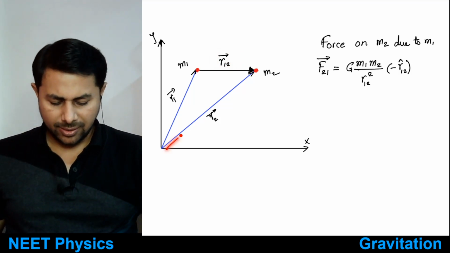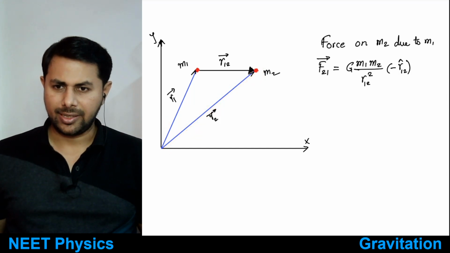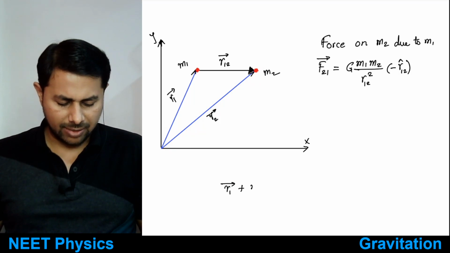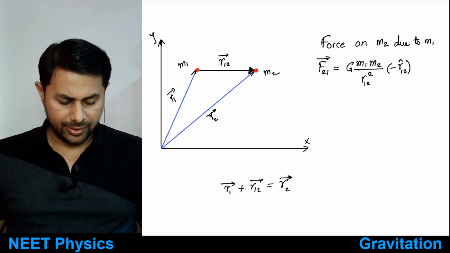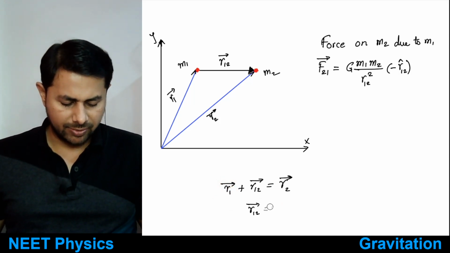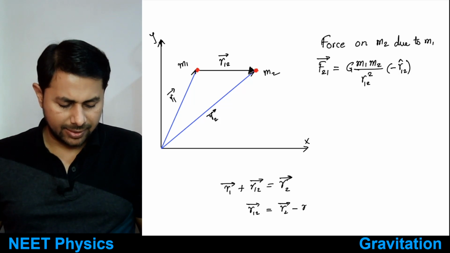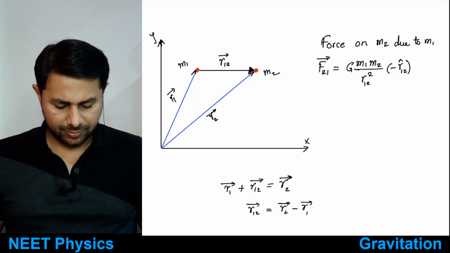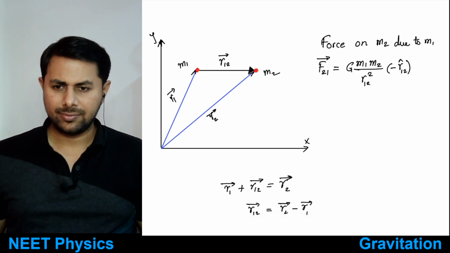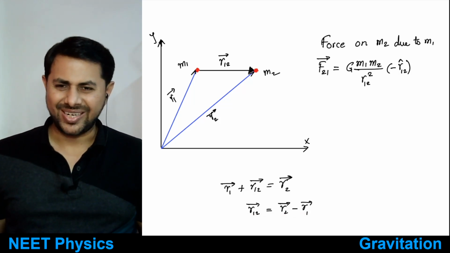It is r2 bar minus r1 bar. Using the triangle law of vector addition, r1 bar plus r12 bar is equal to r2 bar. Taking r1 bar to the other side, we get r12 bar is equal to r2 bar minus r1 bar. This is very simple.